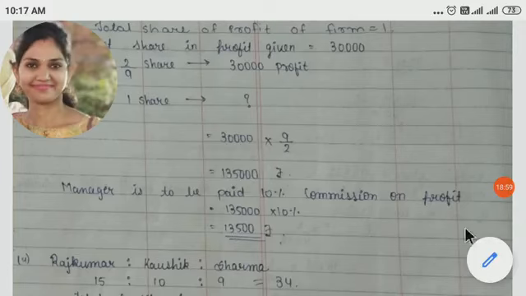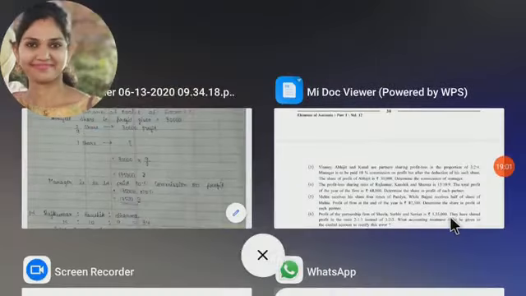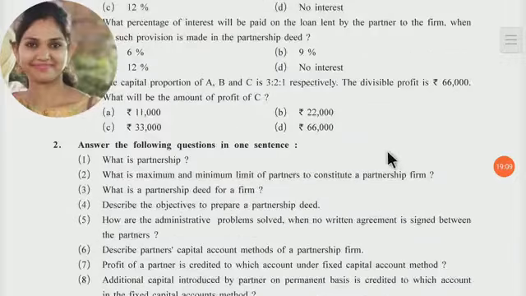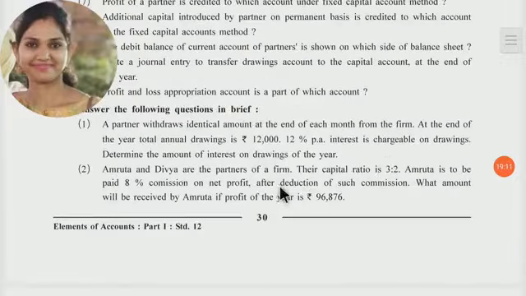Now here in both the questions, the words "after deduction" are given. See in the third question, after deduction, right? See in the second question also, after deduction. It means the words after deduction are given in both sums, but when do we use the 108 and when do we use only 100?